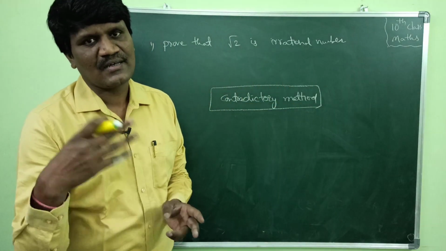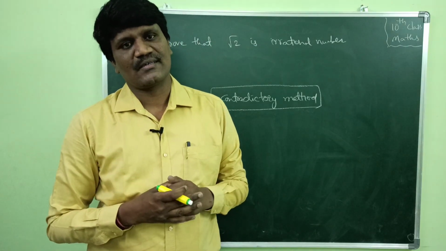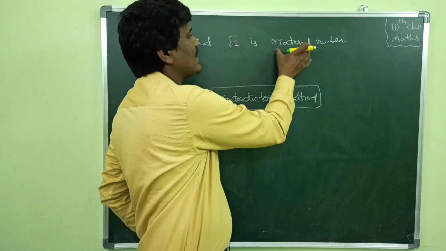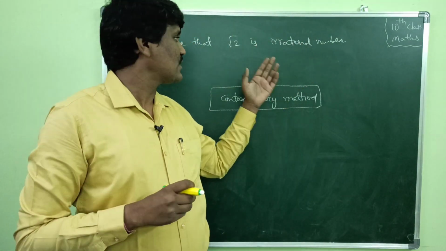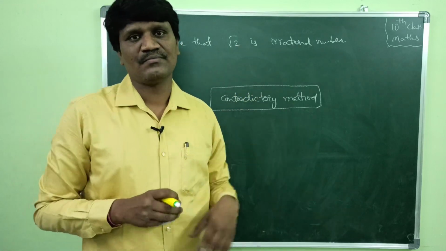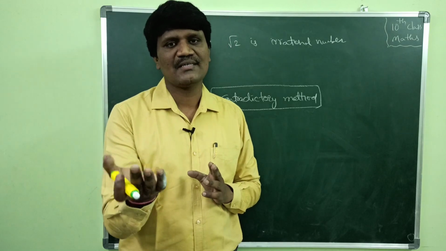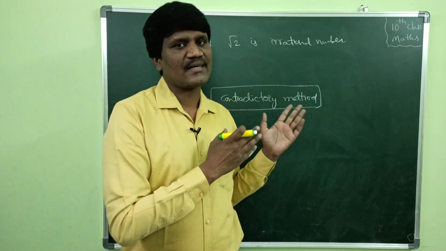Contradiction is nothing but the opposite. For proving root 2 is irrational number, the contradictory to irrational is what? Contradictory is nothing but opposite. Opposite to irrational number is rational.